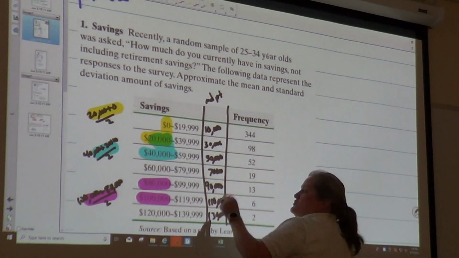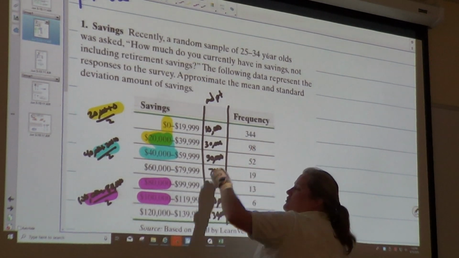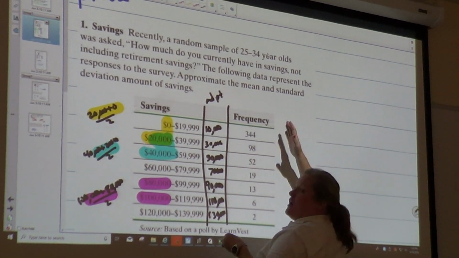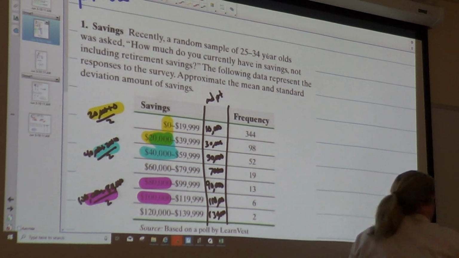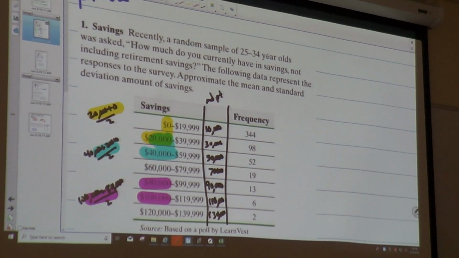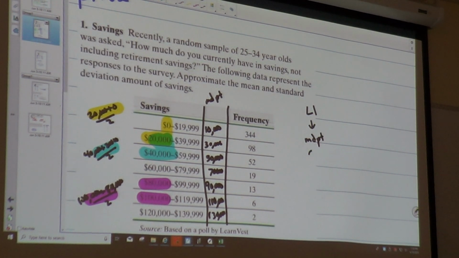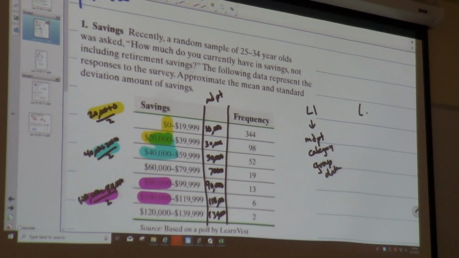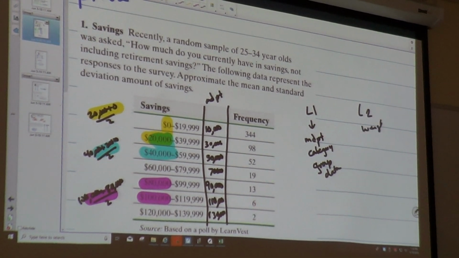L1 is always your category or your group. L2 is always going to be your weight or your frequency. So go ahead and type your data in. Your L1 is always your midpoint, which is your category or group data, and L2 is your weight or frequency.